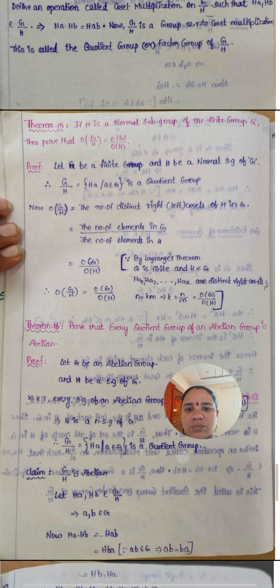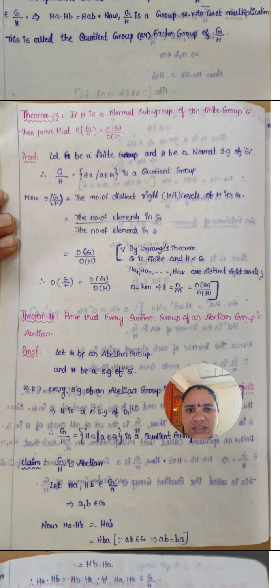Now a small theorem I am discussing. If H is a normal subgroup of the finite group G, then prove that the order of G/H is equal to the order of G divided by the order of H. Let G be a finite group and H be a normal subgroup of G. Therefore G/H = {Ha such that a belongs to G} is a quotient group.